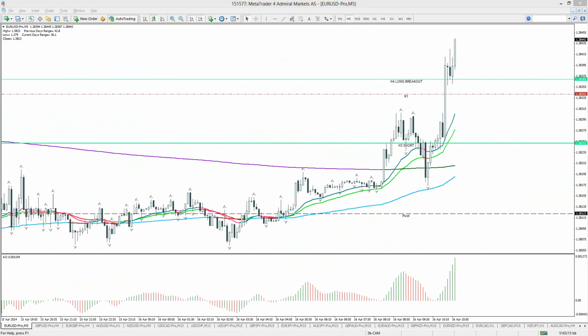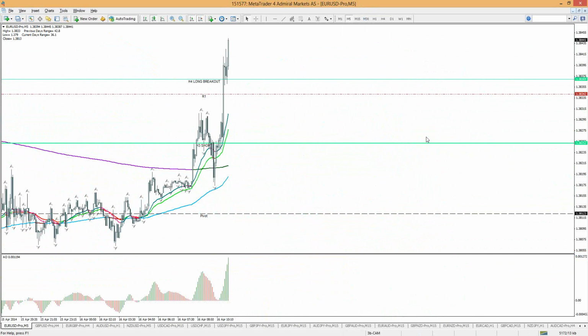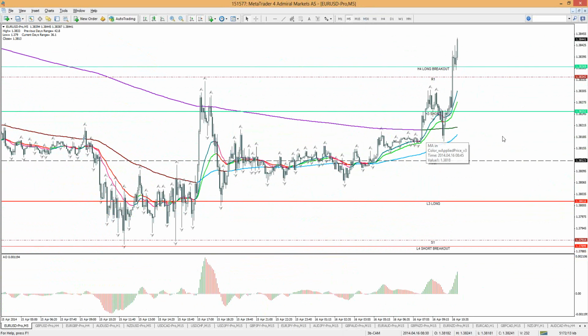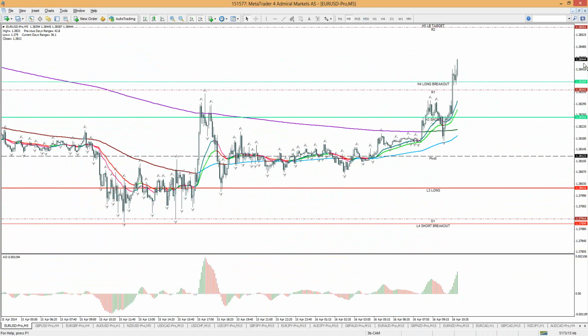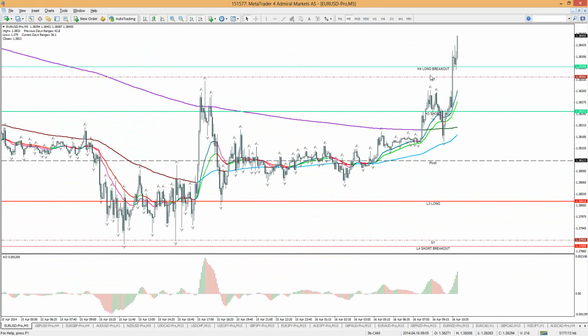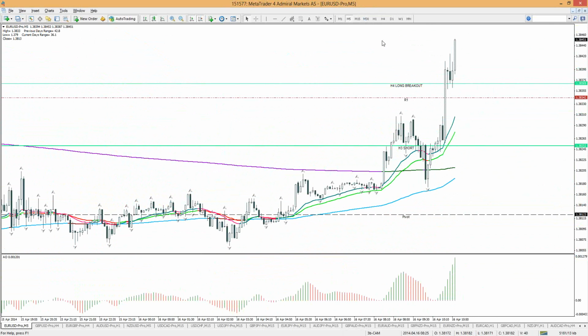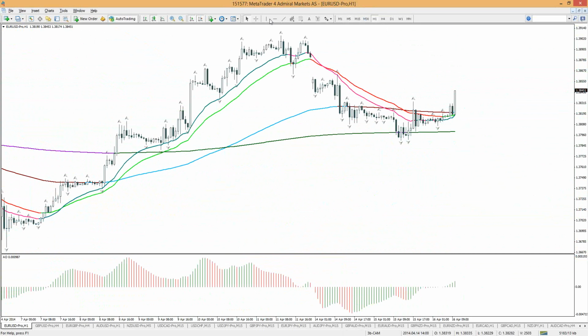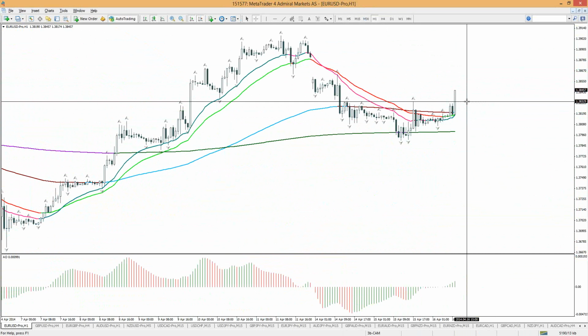So any questions, folks? Euro dollar nicely breaking out. If you want to take that swing trade, you might want to maybe wait a bit.